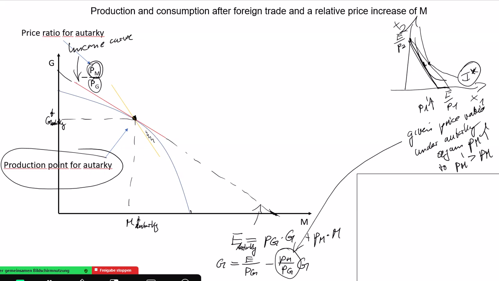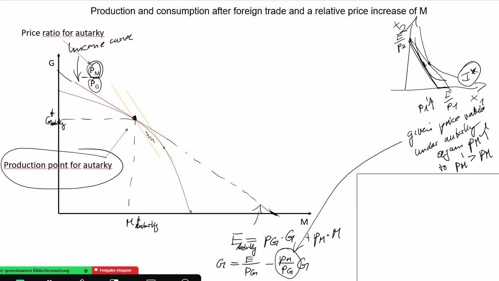So what we are now just doing is we are shifting outward parallel our yellow line as far as possible until again the situation where now the new steeper slope of the yellow line is tangent to the production possibility.